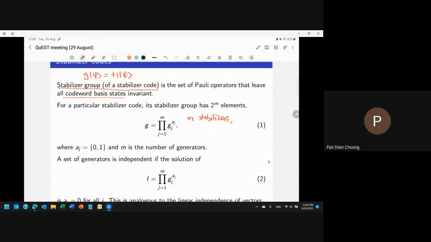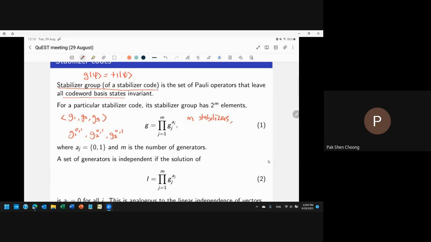If we have m elements of stabilizers, let's say we have G1, G2, and G3. Whatever group elements we have inside this stabilizer group must come from these three elements. So it's either G1 to the power of 0 or 1, and then G2 to the power of 0 or 1, G3 to the power of 0 or 1.